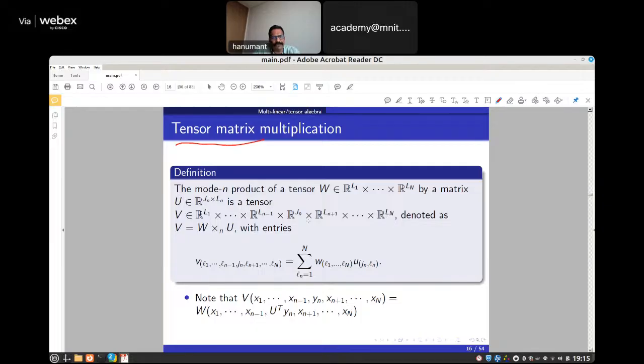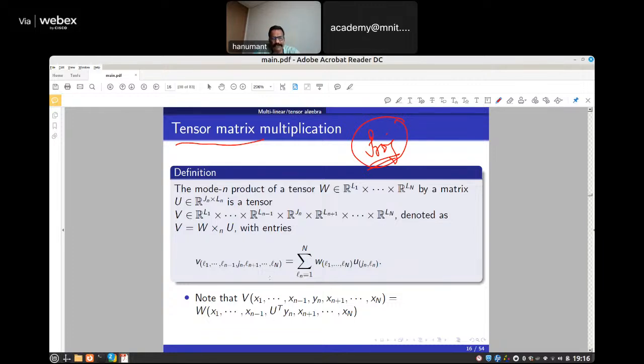I will not explain the definition because that's not the aim here. But why do we want to do it? The main thing is that we want to use projections. Those who studied signal processing know very well that projections play a very important role in any signal processing activity. That's why we need to define tensor matrix multiplication. It's not very hard.